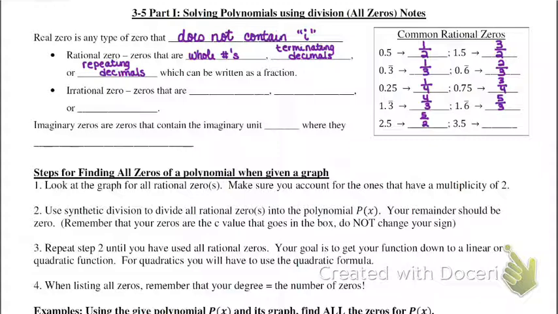And 3.5 is 7/2. Those are some of the common rational zeros that we're going to see.